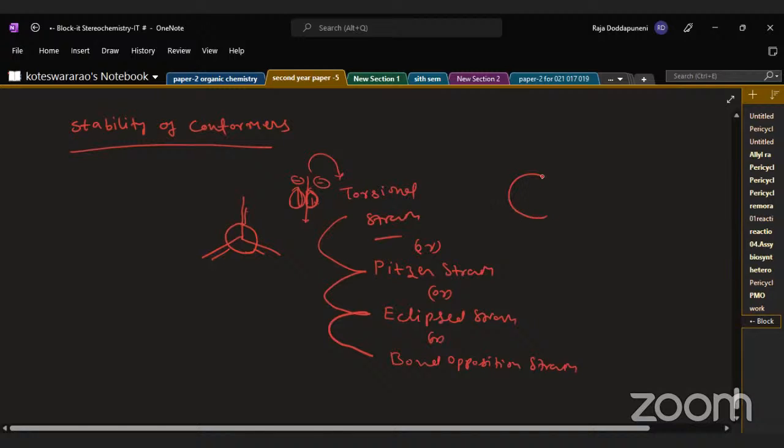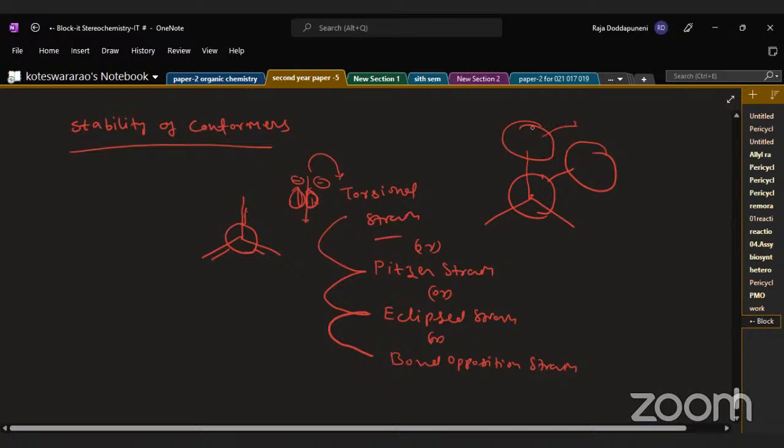Consider a new conformer, rotated 60 degrees, where the bulky groups are there. These bulky groups have a particular van der Waals region. The van der Waals region is the electron cloud extended to its maximum extent.